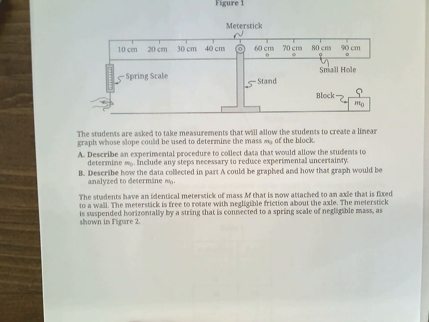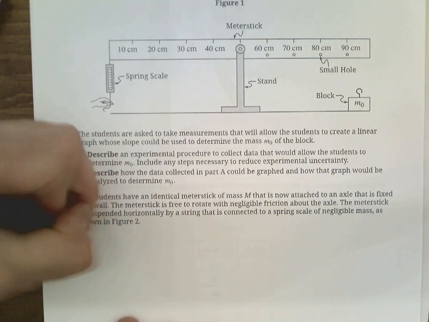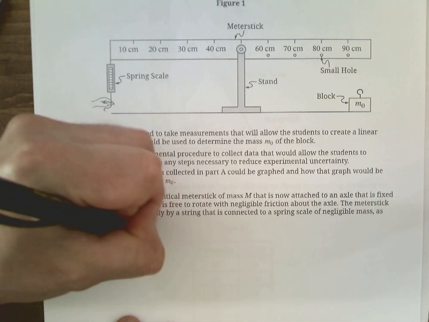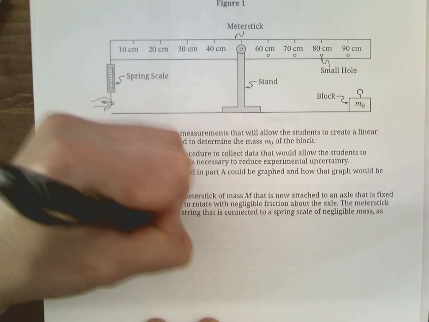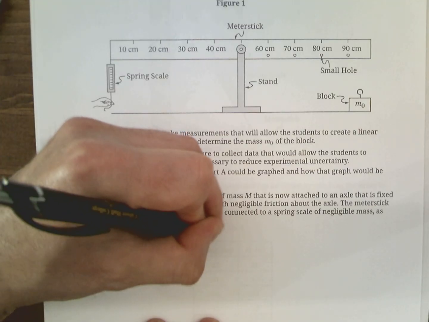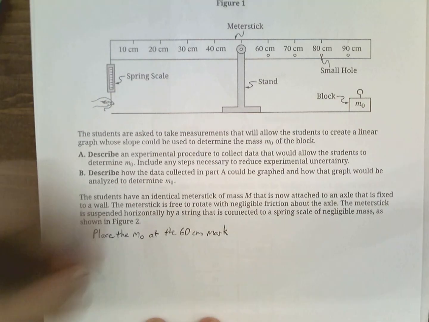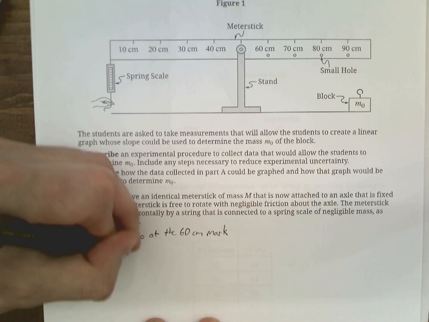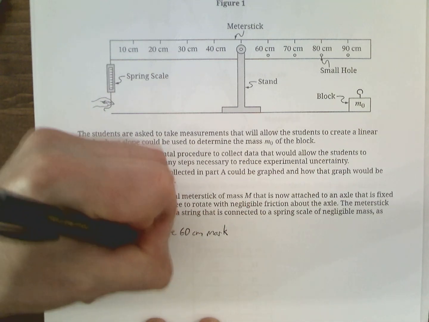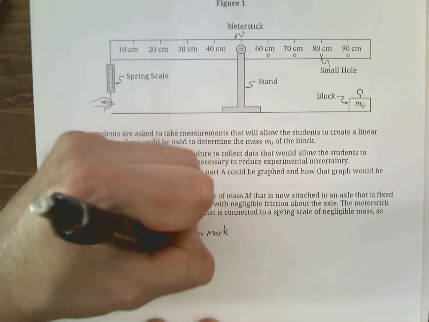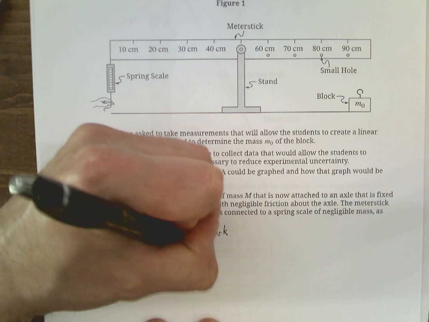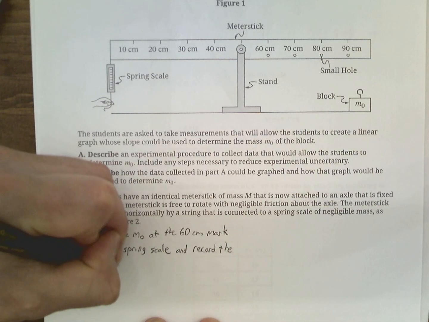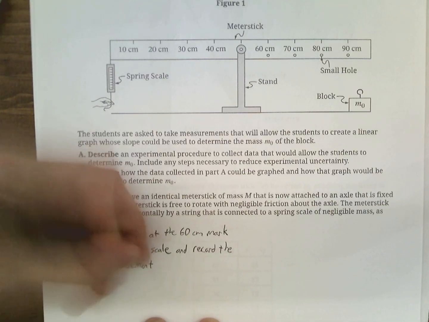So what we would probably do here is place the mass M0 at the 60 centimeter mark, and then hold the spring scale and record the force measurement when the system's in equilibrium.